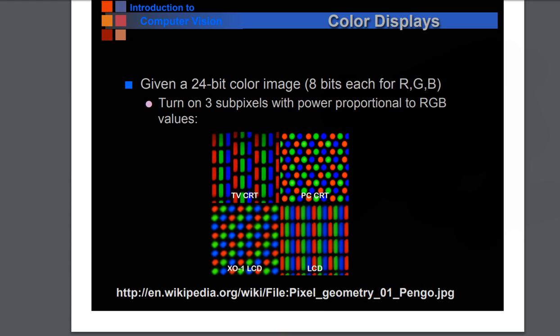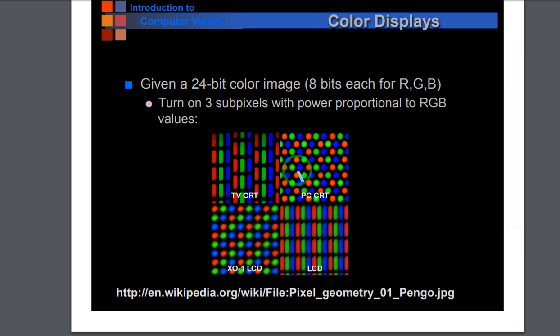Now this is the most important part. Let's see color display. Given a 24-bit color image, 8 bits for each of RGB, red, green, blue, the important thing is to turn on 3 sub-pixels with power proportional to RGB.